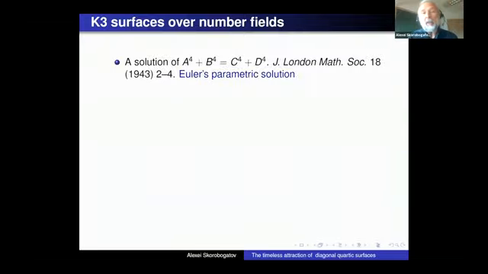Okay, now in this second section of the talk, I would like to give a review of Peter Swinnerton-Dyer's work on diagonal quartics. So he was attracted to this equation and wrote no less than 7 papers about diagonal quartics. His earliest work is published in the Journal of the London Math Society in 1943.